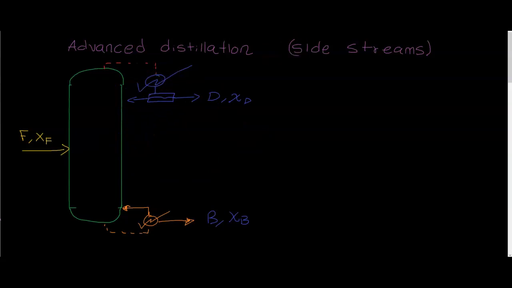So here, important to understand that at the top of the column, what you get here is vapor that is going to be a condensate, or partially condensate, or totally condensate in this condenser.